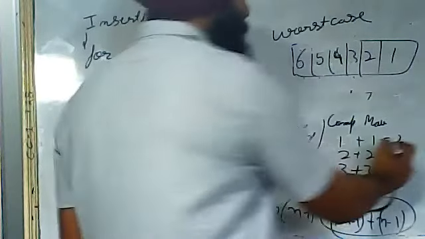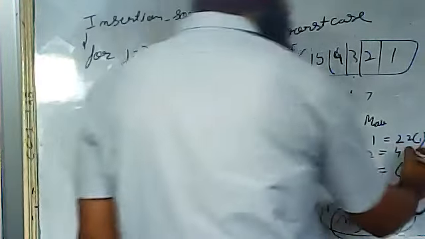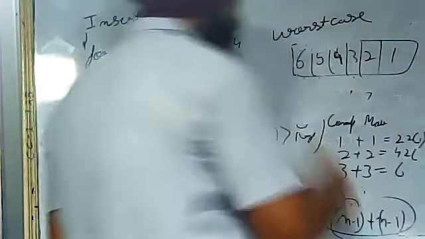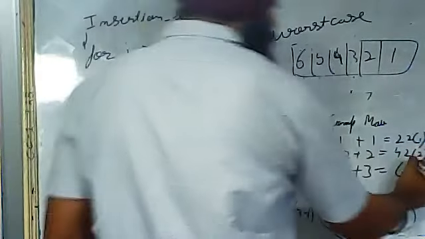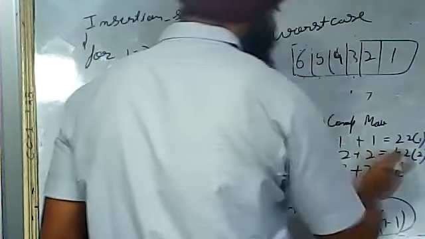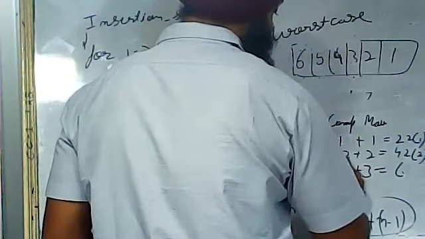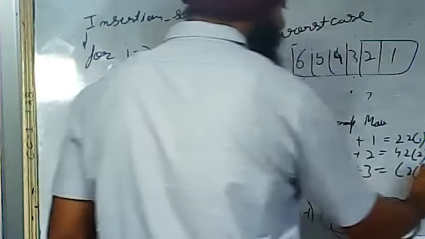Like 2 of 2 minus 1? That is 2 of 2, that is 4, right? 2 of 3 minus 1, n is 3 in this case, right? j equals 2, j equals 3, j equals 4. So n is 4 in this case. So I'll write it as 2 of n minus 1, that is 4 minus 1, 3.